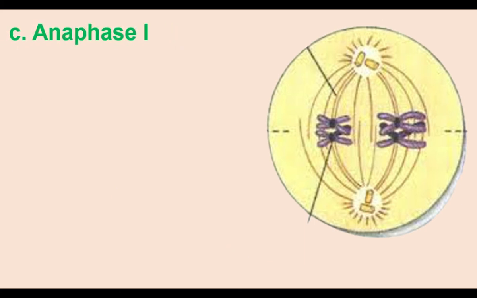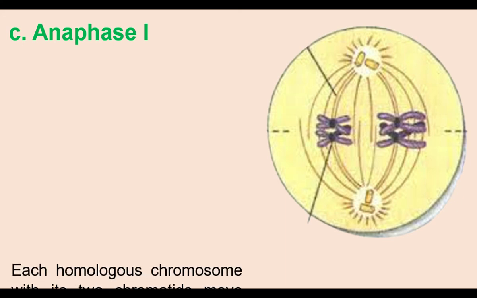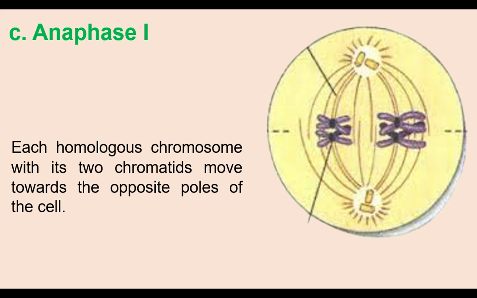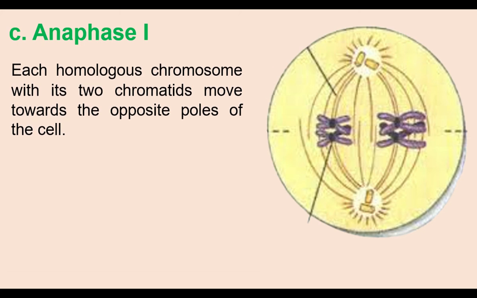In anaphase, the chromosomes move towards opposite poles. In this picture, we see two pairs of chromosomes. In each pair, one moves towards one pole, another moves towards the opposite pole. Each homologous chromosome with its two chromatids moves towards the opposite pole of the cell.